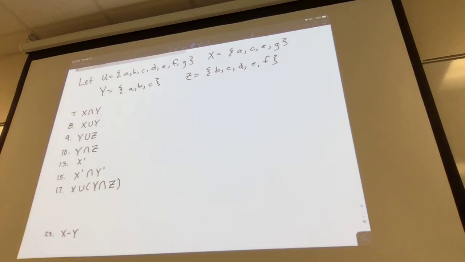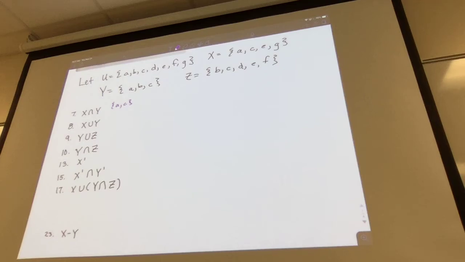Okay, so which ones are those going to be? In X and in Y. A and C, looks like A and C. Okay, union, that means everything that's in X is included.